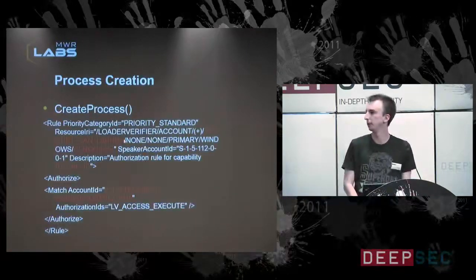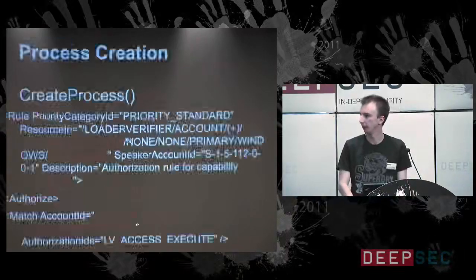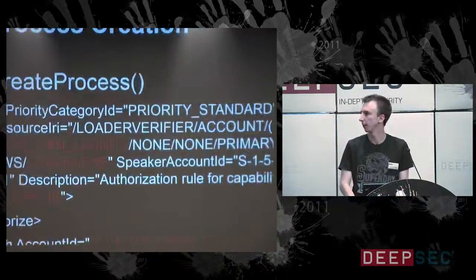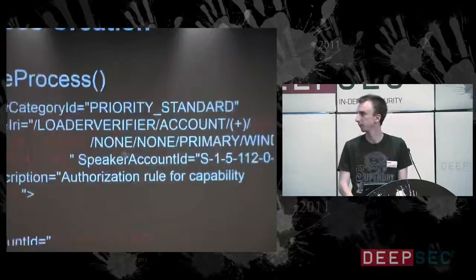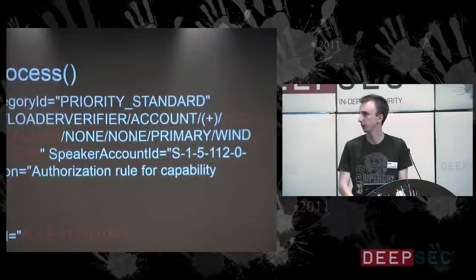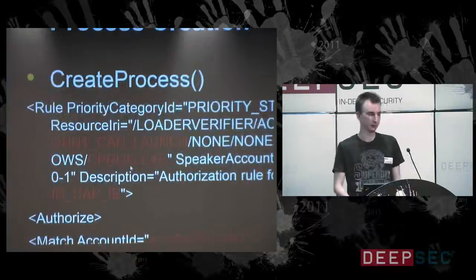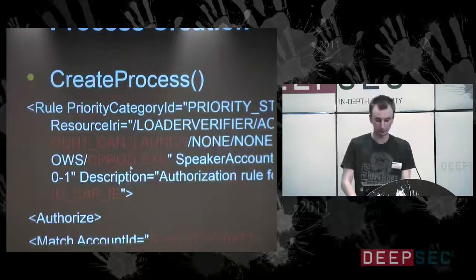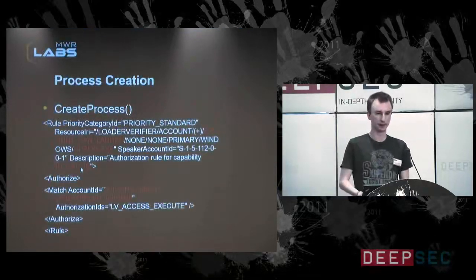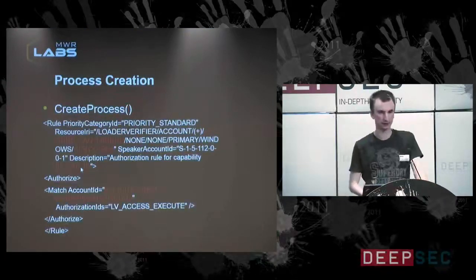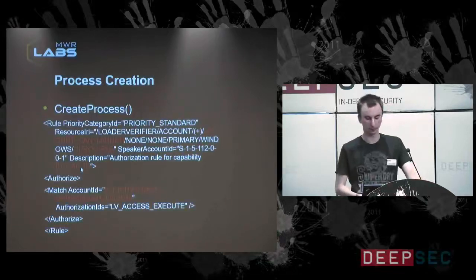So in this example, the account can launch /Windows/cprog, that's the phone dialer. It states that this is a capability for Internet Explorer, ID cap IE. It basically states that Internet Explorer can spawn the phone dialer from the browser itself, but any other calls to create a process from the web browser will be sandboxed and restricted by the policy entries.